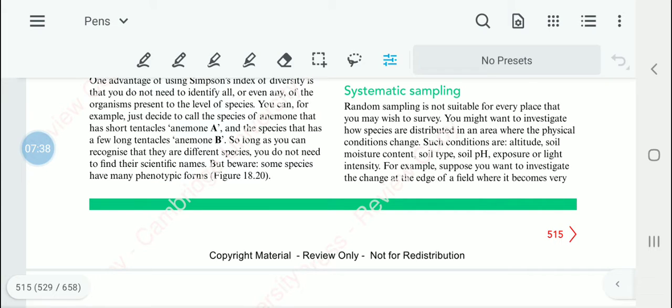When we are required to investigate how species are distributed in an area where the physical conditions change, within brackets, altitude, soil moisture content, soil type, soil pH, exposure, that is light intensity, etc., close brackets, we use systematic sampling rather than random sampling.